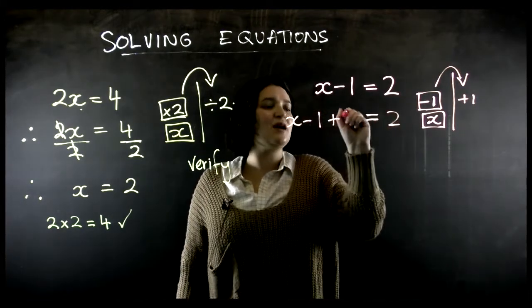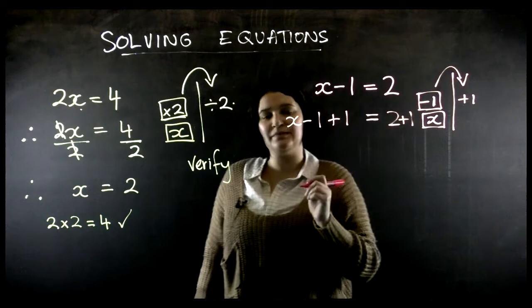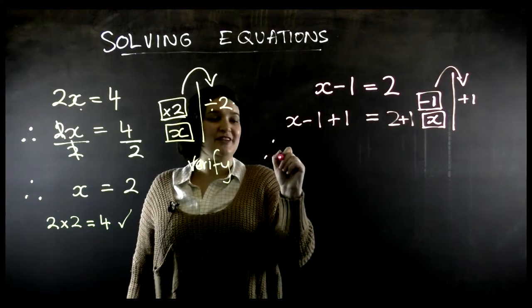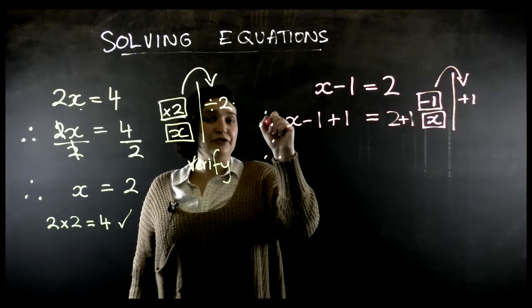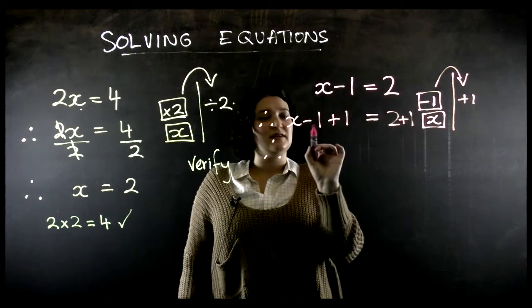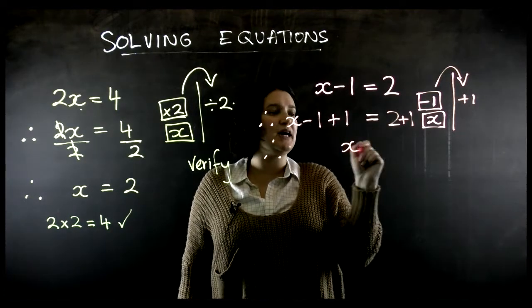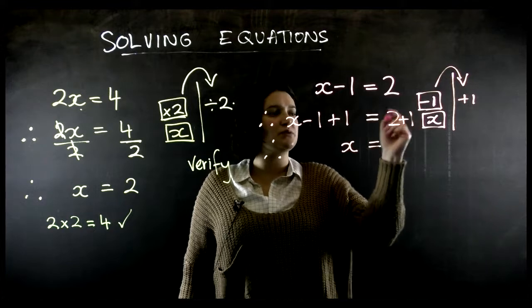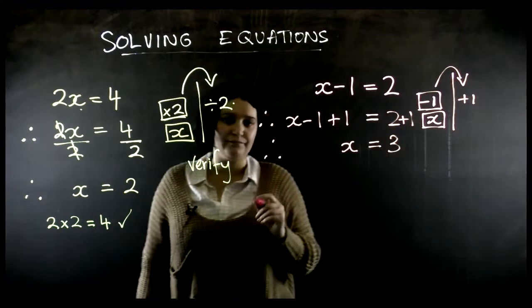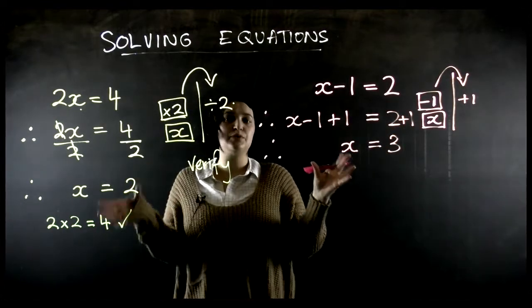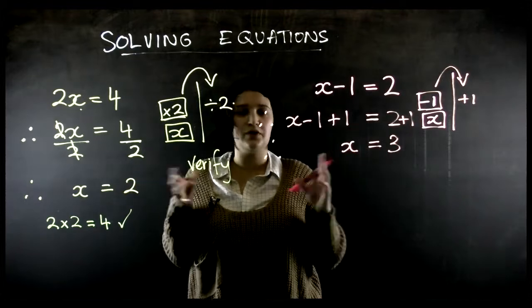I'm adding 1 to both sides of the equation. Therefore, and I forgot it here, every new thinking step, take 1 plus 1 cancels out. I'm just left with x on the left-hand side equals 2 plus 1 is 3. So these are really simple linear equations that you can solve.